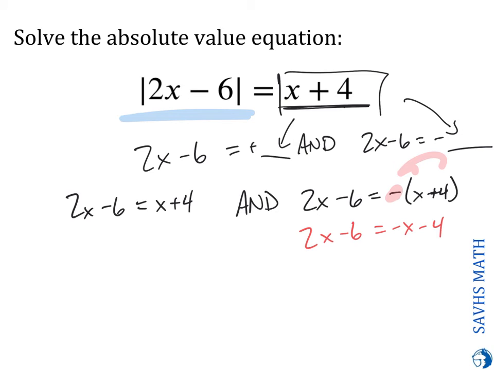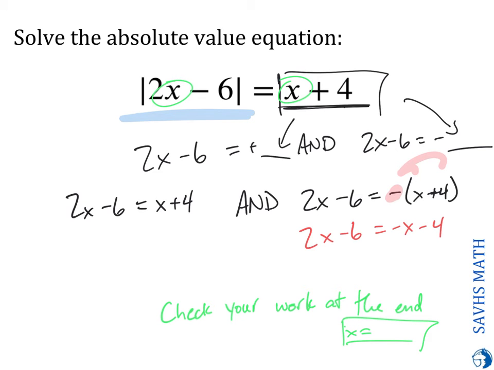I'm not going to finish this problem right now, but the one thing I need to say is check your work at the end by putting your x equals back into your equation here and here and make sure that it works.